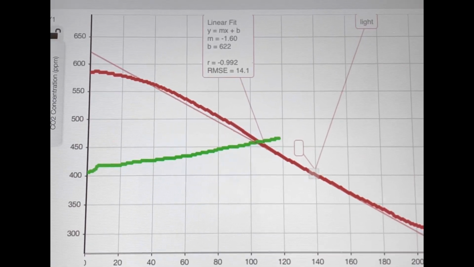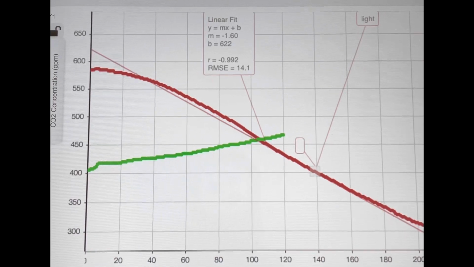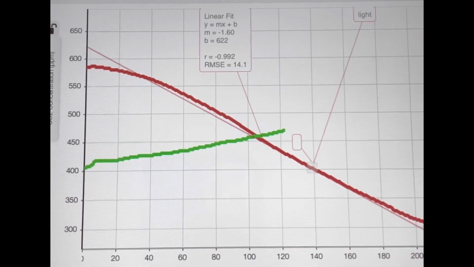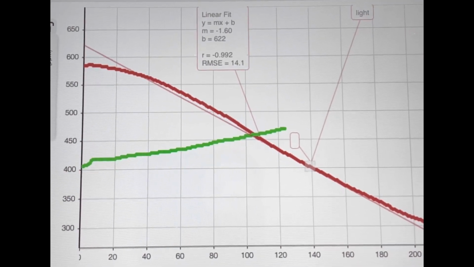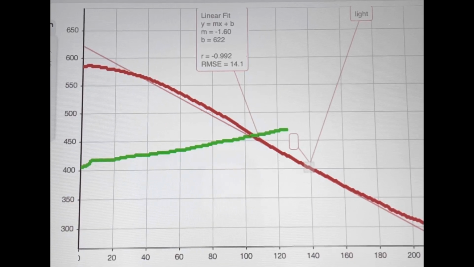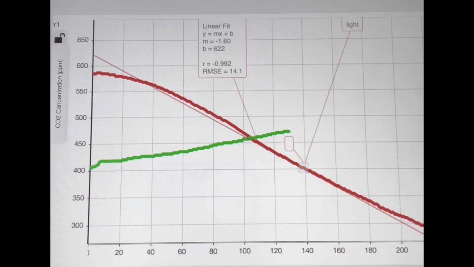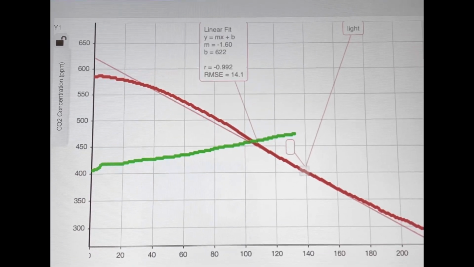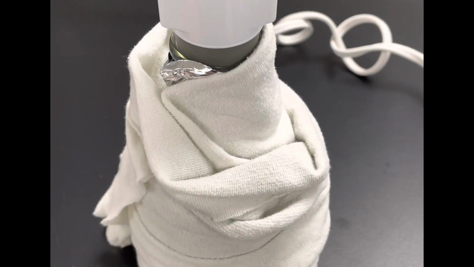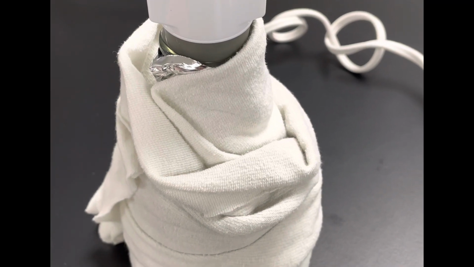Rates of change, the change in y over the change in x. Very, very little light is making its way in because it's double wrapped.